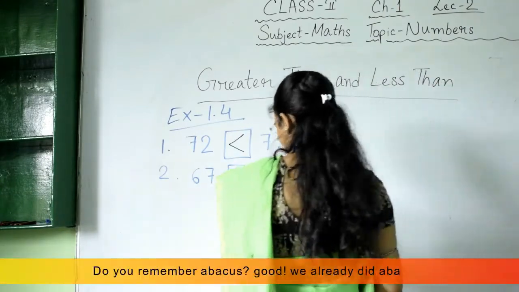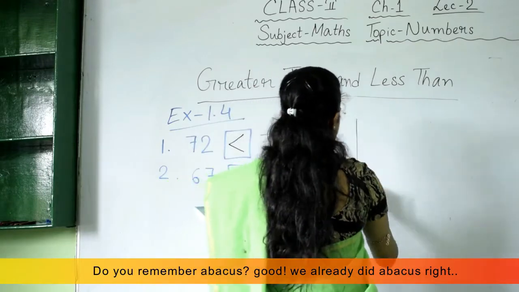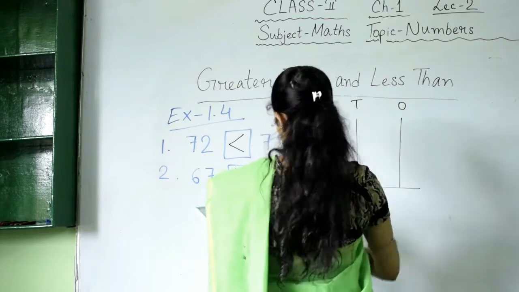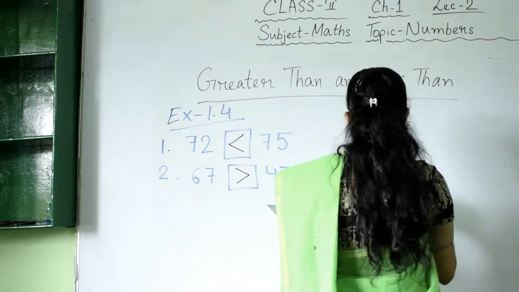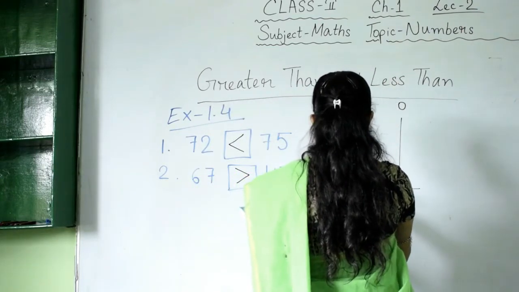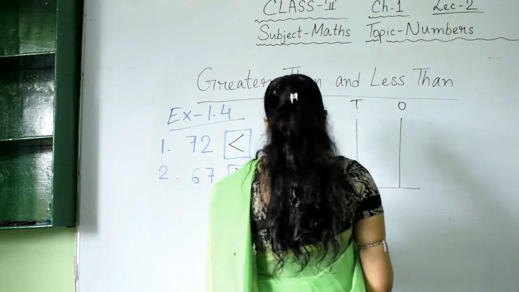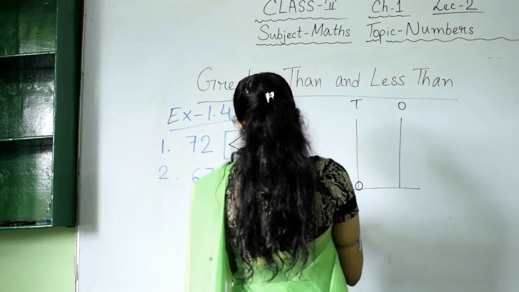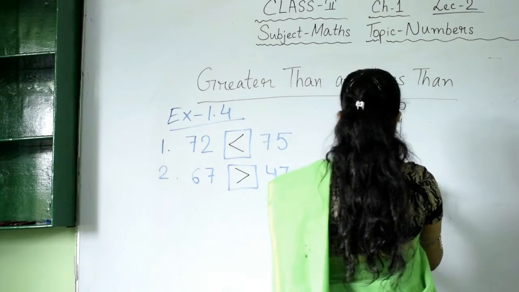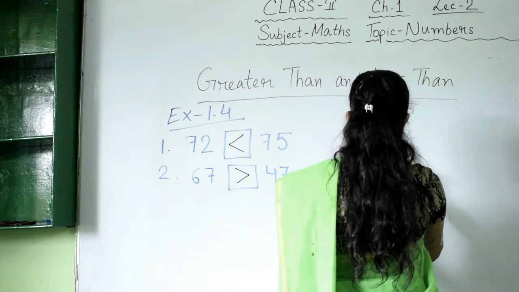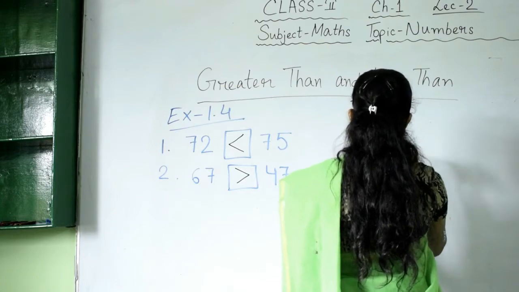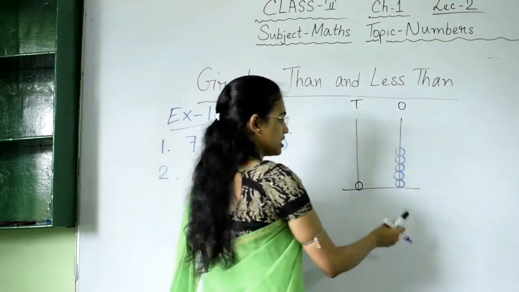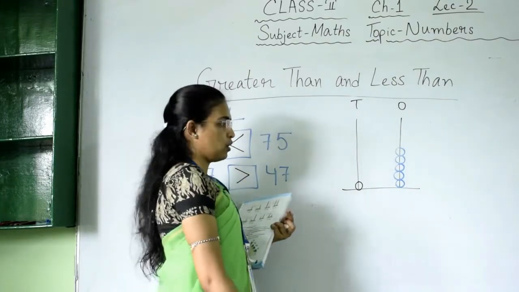Now we will do this one with the help of an abacus. Tens and ones. In this side we have one ball, and in this side we have 1, 2, 3, 4, 5 balls.